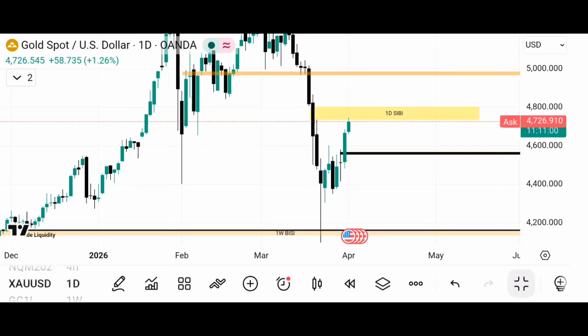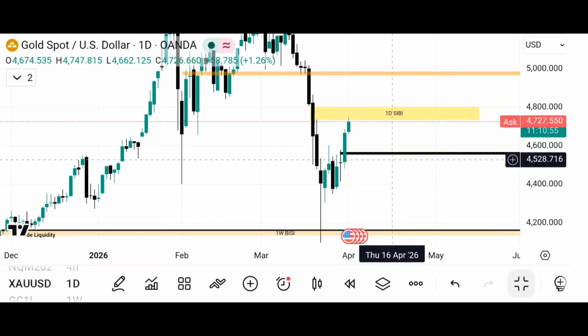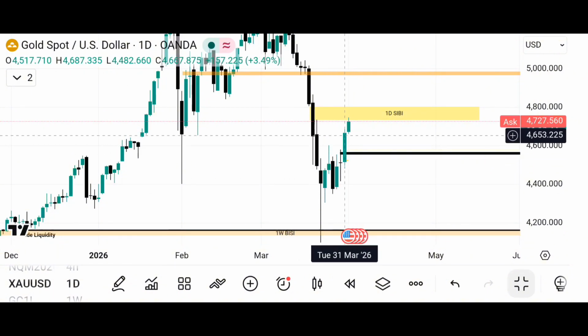Where is price actually running up to? Price is running up to take out buy side liquidity and also to run up into inefficiency. So you see this eye right here. This is buy side liquidity being taken out when price traded up.